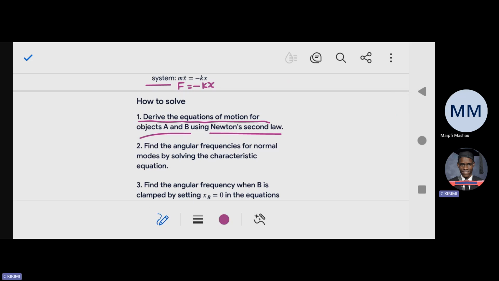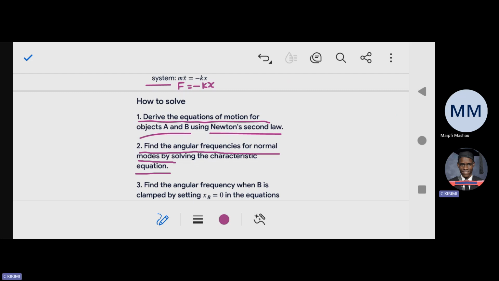Then step number 2, we are going to find the angular frequencies for normal modes, and we solve the characteristic equation, whereby last time we were given a particular solution. Today we are not given a particular solution. You are going to give yourself a particular solution that might satisfy that particular equation.